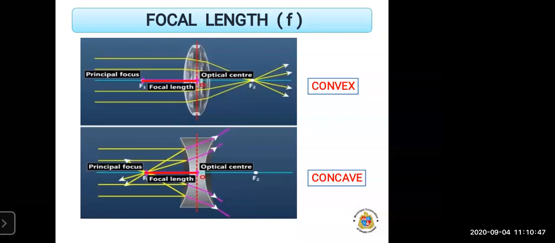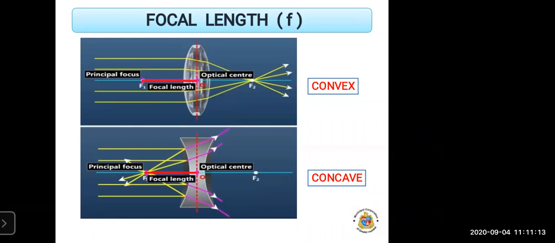For the convex lens and concave lens, the principal focus F1 and F2 are denoted by F1 and F2. The optical center is denoted by O, which is on the principal axis, in the center of the lens.